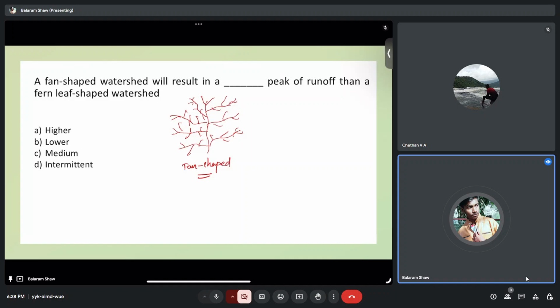The water which starts from the remotest place of the watershed will quickly come to the outlet point because of its shape. Whereas in the fan shaped one, if you consider the remotest point, it will take a lot more time. So the peak of the runoff in the fan shaped watershed will be higher than that of the fern leaf shaped watershed. So the correct answer will be A.